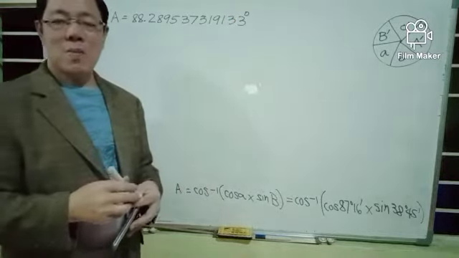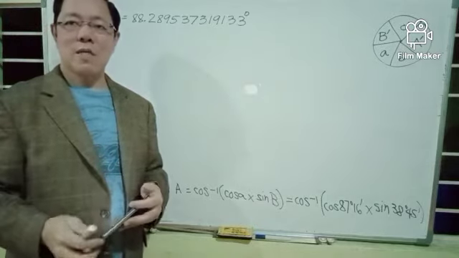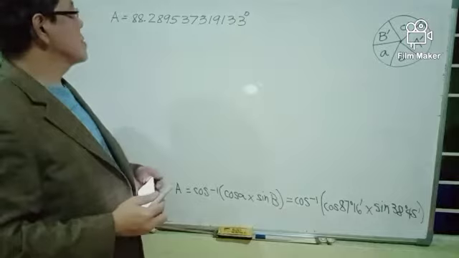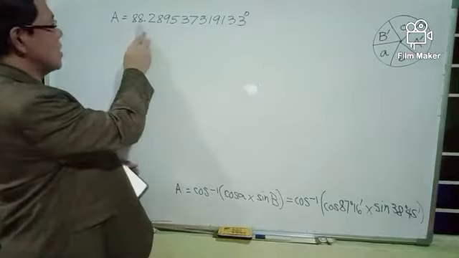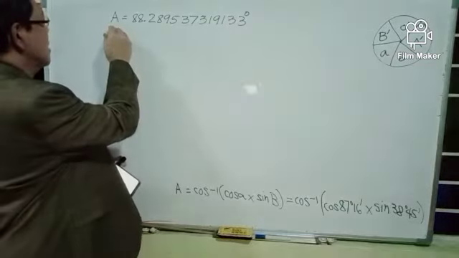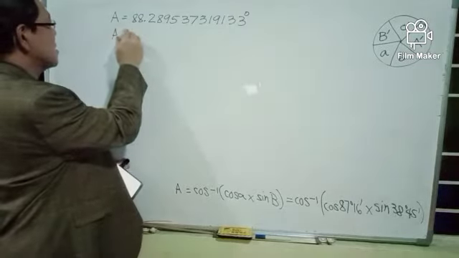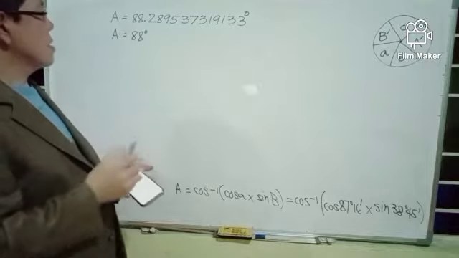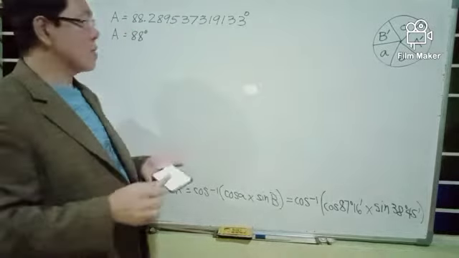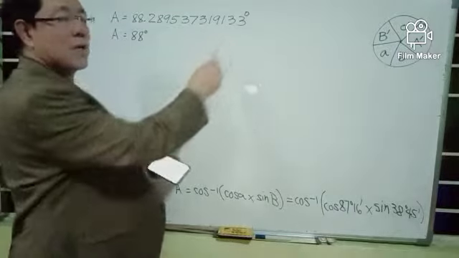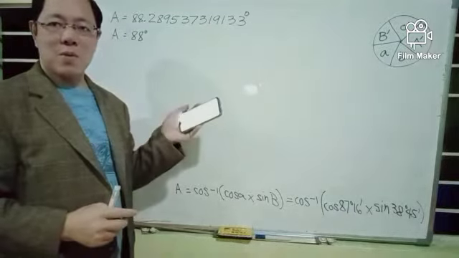We now give our answer in degrees, minutes, and seconds. Take the whole number part of this decimal number. Angle A equals 88 degrees. You have this answer in your calculator and do not remove it.